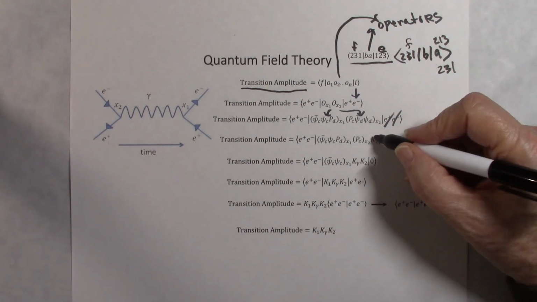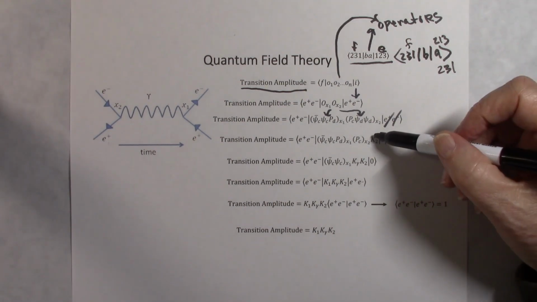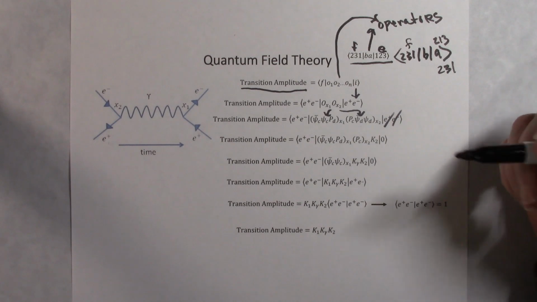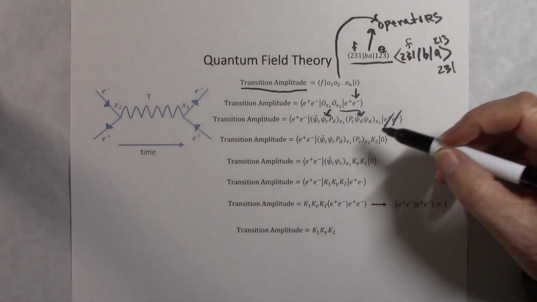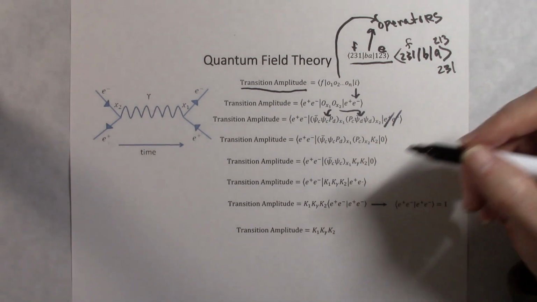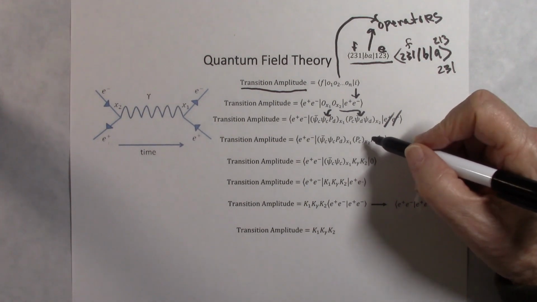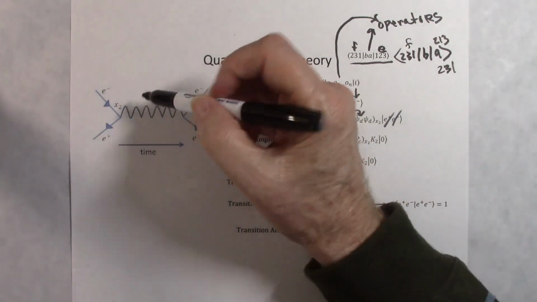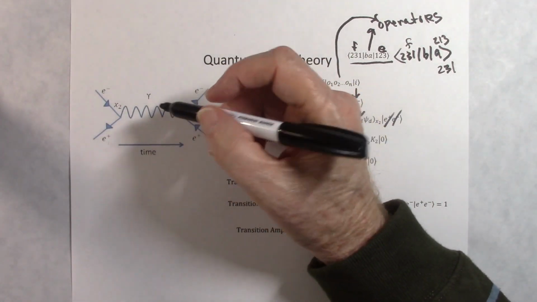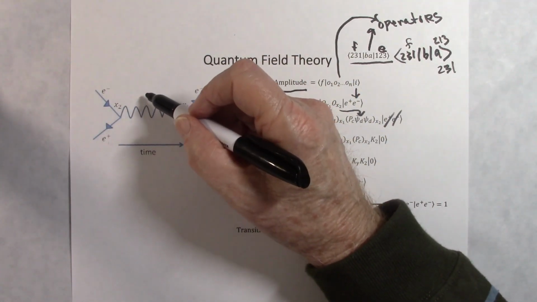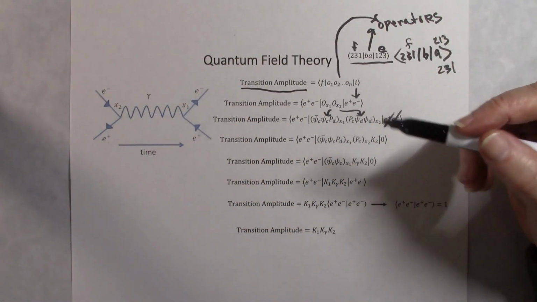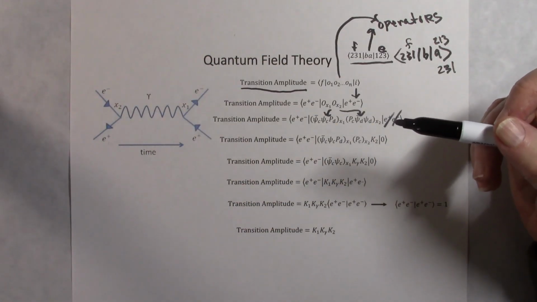Along with that, you have this K2 factor that comes out of the formal mathematics of quantum field theory. It's not important that we understand what it is. It's just a number. Again, we can kind of ignore it for now, but it's important when we get along in the process. Now, this creation operator creates a photon. So it creates a virtual photon, which is a boson. It's a gauge boson that mediates all electric interactions.